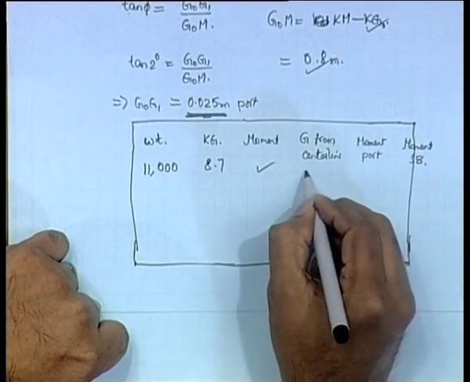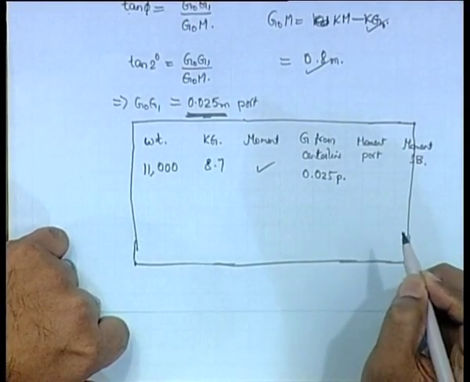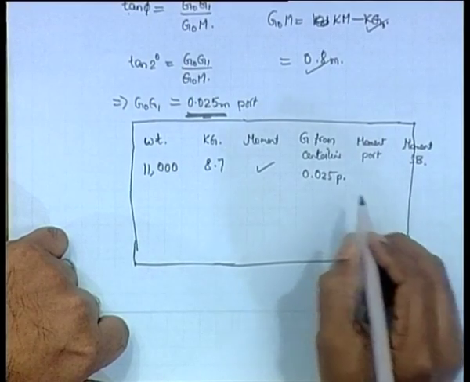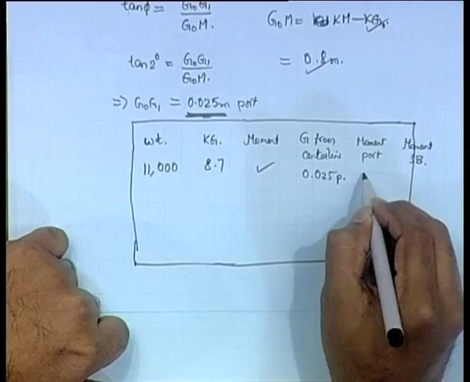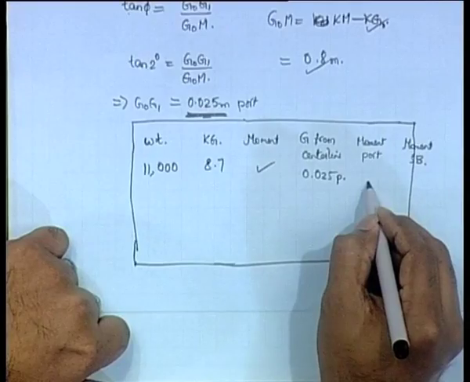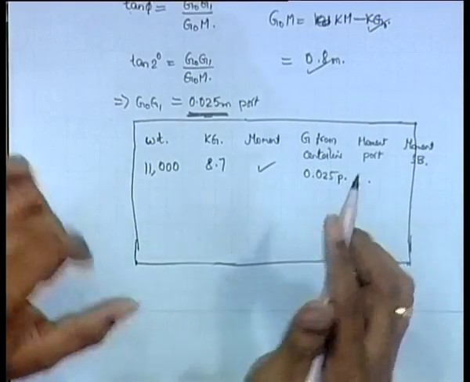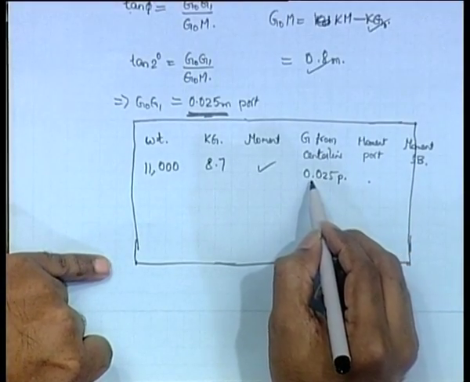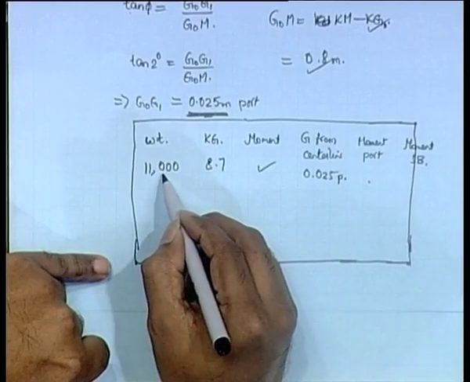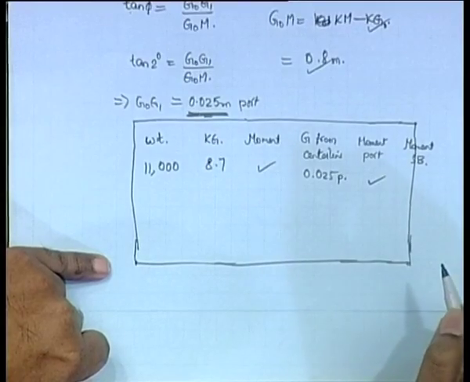You write here 0.025 to the port side. I will write it P. Because it is to the port side, this moment is to the port side. This moment is the moment causing it to incline in the port direction. It is given by the weight into this distance. That will give you the moment here.